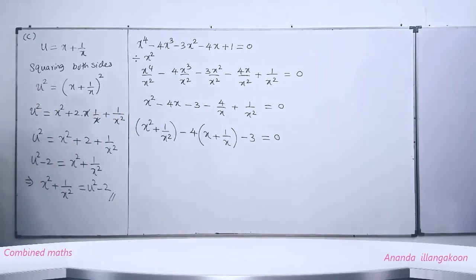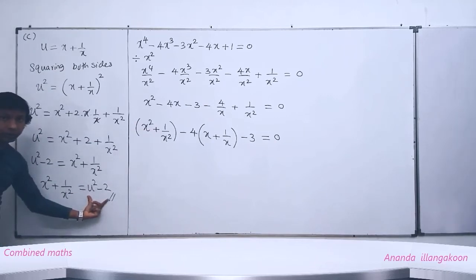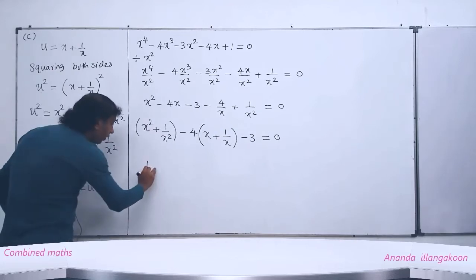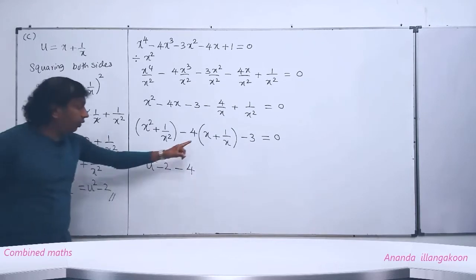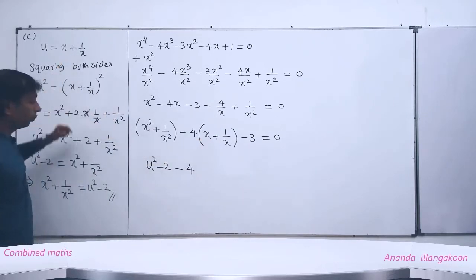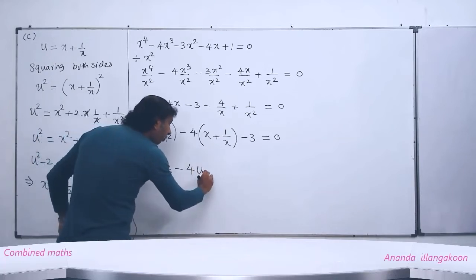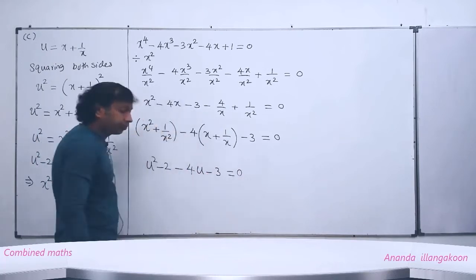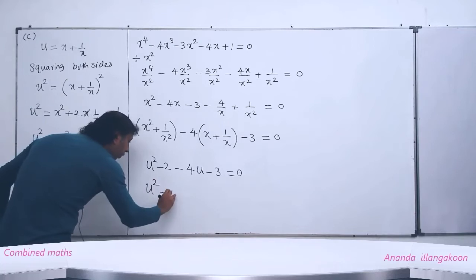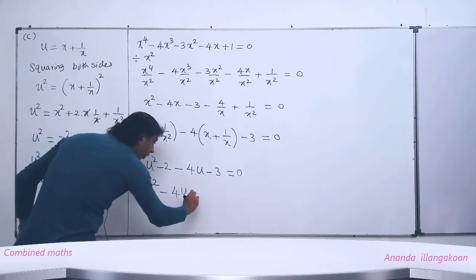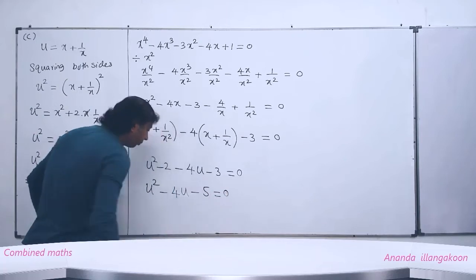Now we are given the substitution u equals x plus 1 upon x. Then we proved x squared plus 1 upon x squared is equal to u squared minus 2. So therefore, I can replace this by u squared minus 2, minus 4 times u, minus 3 equals 0. Now here we have u squared minus 4u, minus 2 minus 3 is minus 5, equal to 0.